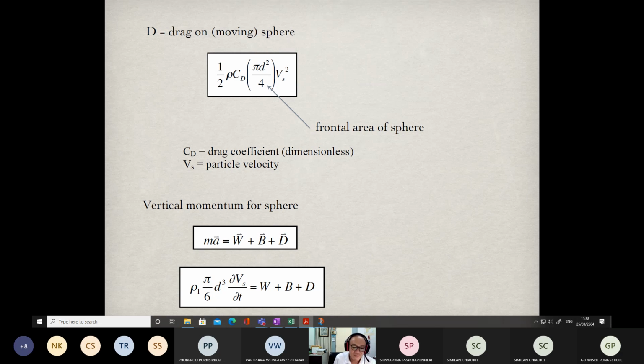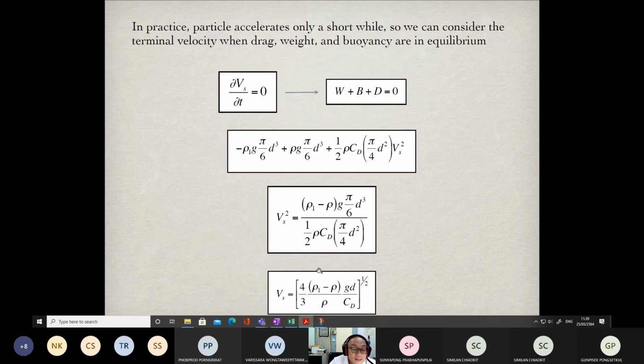The summation of all three forces is equal to mass times acceleration, ma, and the forces are the weight, the buoyancy force and the drag force. The acceleration is the derivative of the velocity with respect to time.